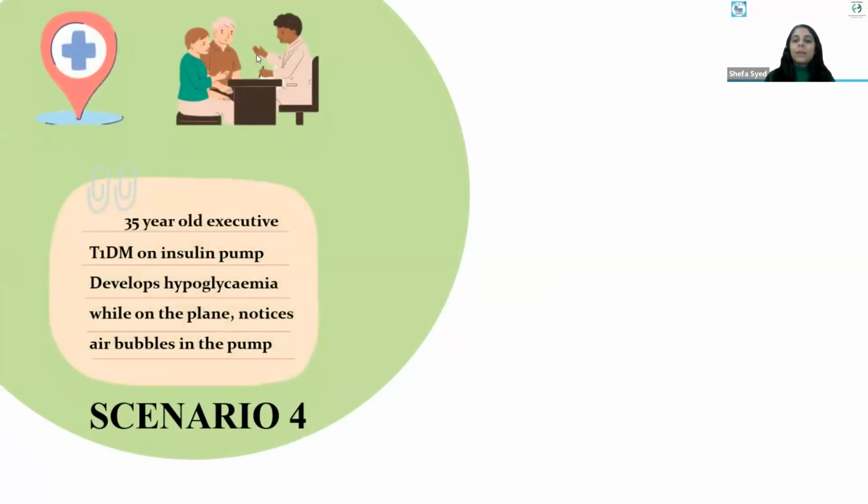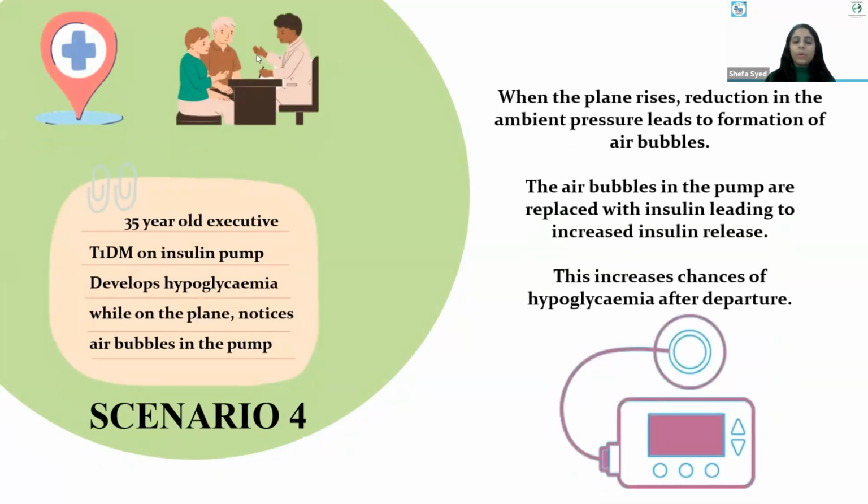Now, this is another example of a 35-year-old executive who was traveling by air. This person is on an insulin pump. He develops hypoglycemia while on the plane and notices air bubbles in the pump. When the plane rises, there is a reduction in the ambient pressure that leads to formation of air bubbles in the pump.